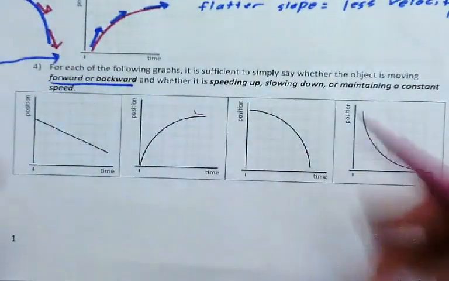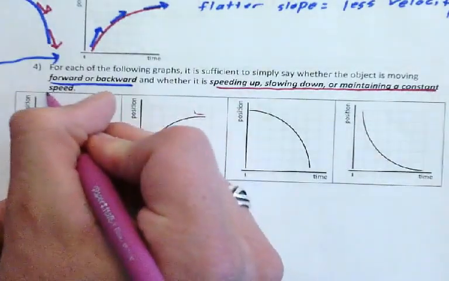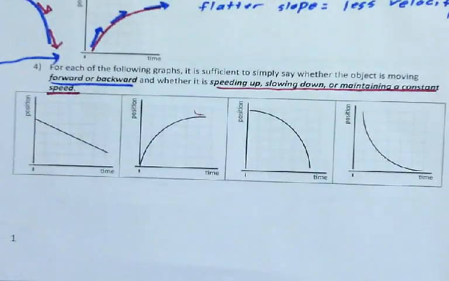And I want you to tell me, is it speeding up, slowing down, or is it at a constant speed? Those are always going to be the things I'm going to ask you. Speeding up, slowing down, forwards or backwards. Okay, so take a minute. We'll pause here. Take a minute and see if you can answer those for those 4.